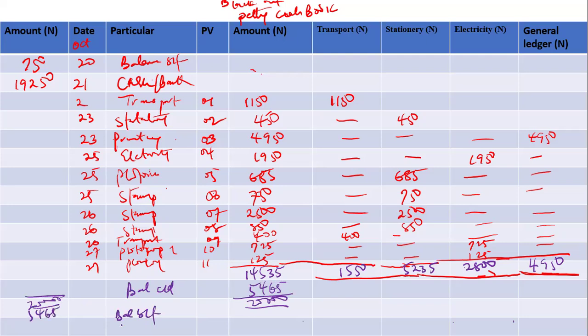So if there's going to be reimbursement, the amount of reimbursement will be the amount that he has spent, because the imprest system says that he must always have that 20,000 as his imprest. And that's the information that you get to see when you are looking at imprest.